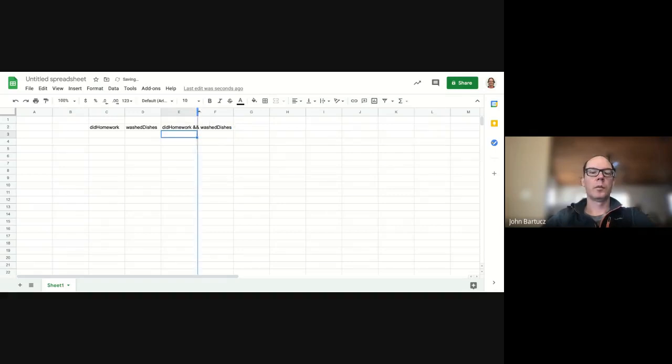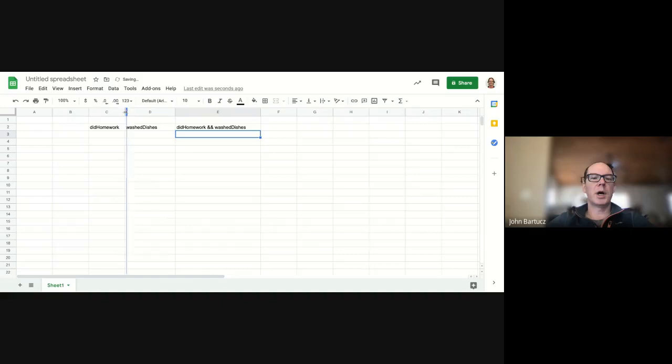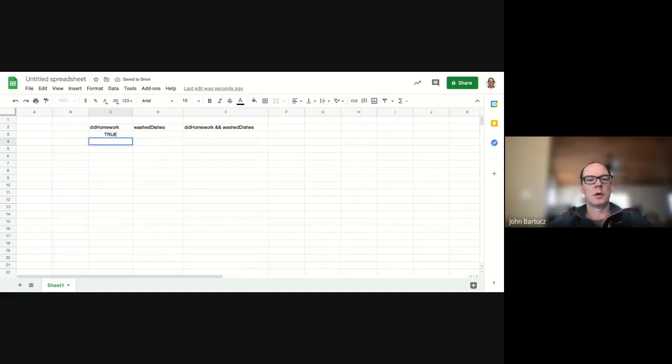Right. So the way you make a truth table is you go through all the possibilities of these two guys and you put the result of what that would output here. So true, false, true, false is true, true, false, false, right?